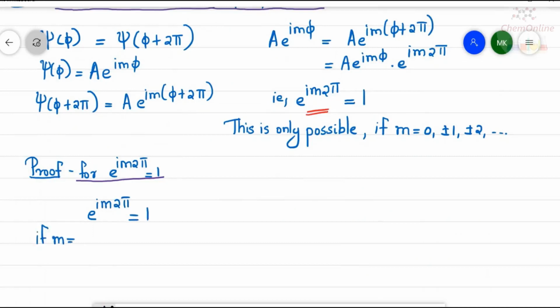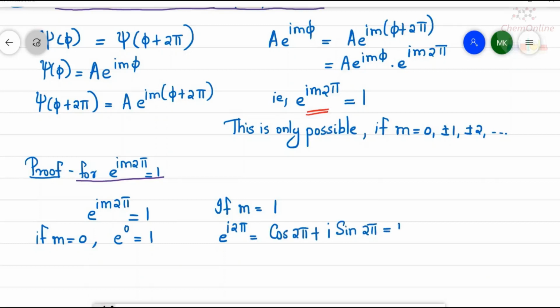If m equals 0, then we have e raised to 0, which is equal to 1. Suppose m equals 1, then e raised to im 2 pi becomes e raised to i 2 pi. So this is equal to cos 2 pi plus i sin 2 pi, which is again equal to 1. Similarly, if m equals minus 1, then we have e raised to minus i 2 pi.